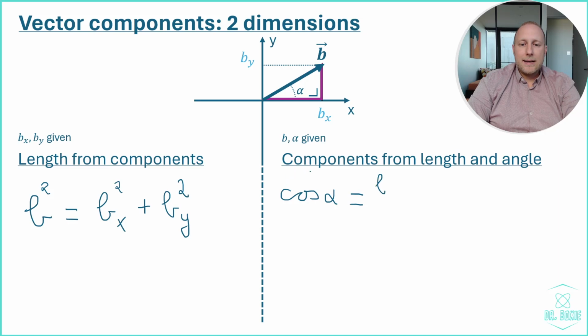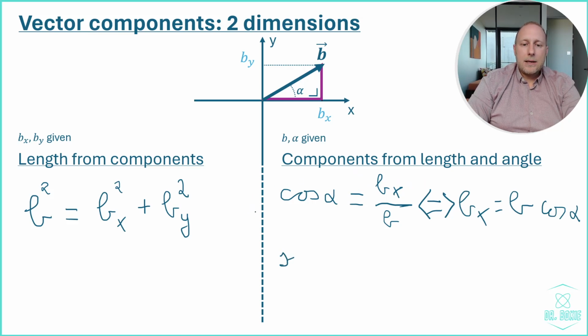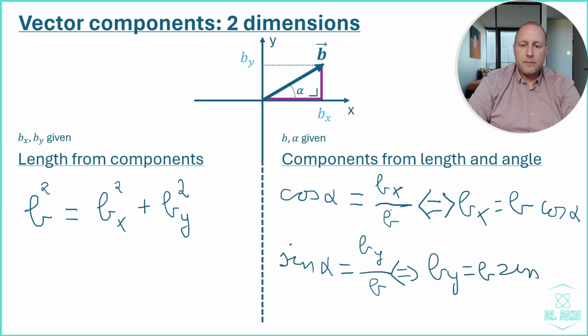The adjacent side is bx in this case, and the hypotenuse is b, which tells us that bx can be written as b times the cosine of alpha. And analogously, the sine of alpha is the opposite side divided by the hypotenuse, which is by divided by b. And that tells us that by can be written as b times the sine of alpha.